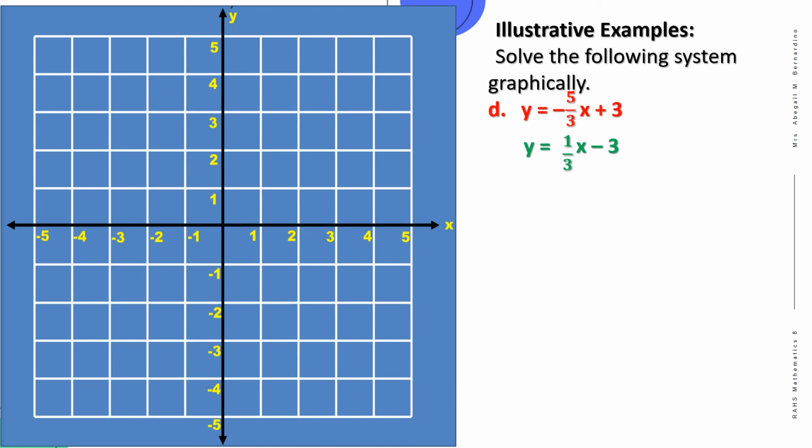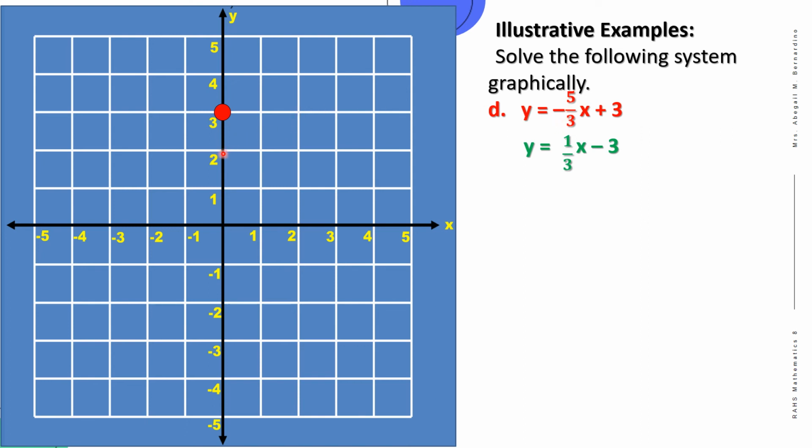So, we're simply going to plot or draw the line. For the first equation, we have a y-intercept which is 3. And here is the point. Next, we have our slope which is negative 5 over 3. We're going downwards 5 units and we're going to the right 3 units.